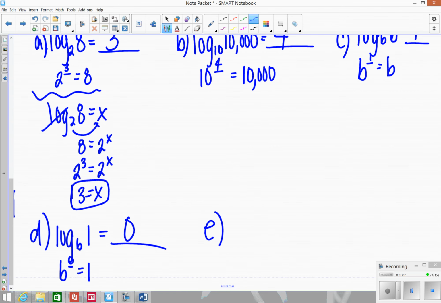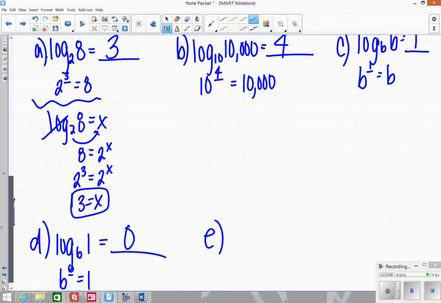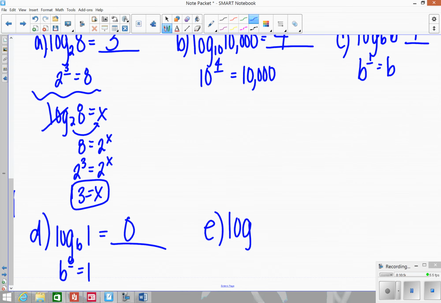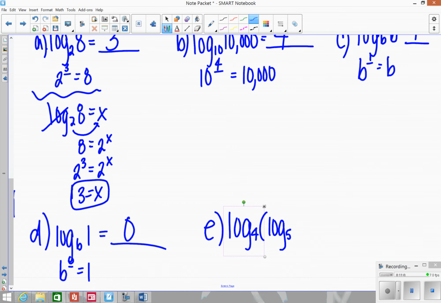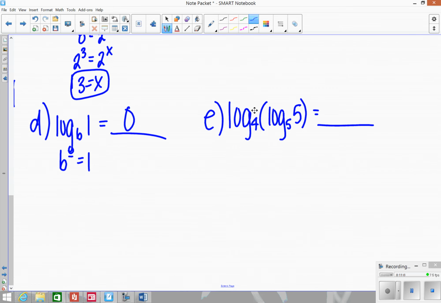And then the very last one, letter E, we have log base 4 of log base 5 of 5. And we're trying to figure out what this is. For this one, you're going to want to simplify the inner section first.